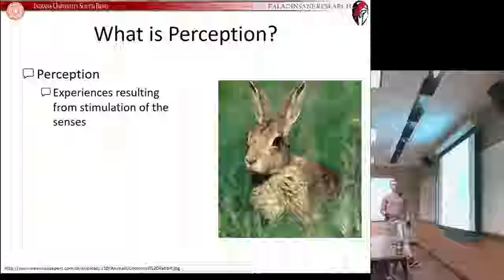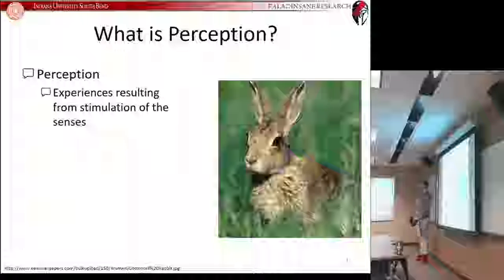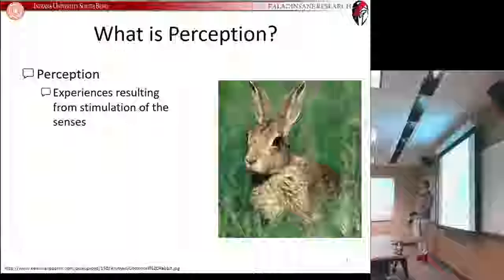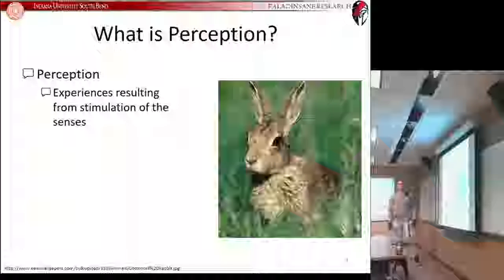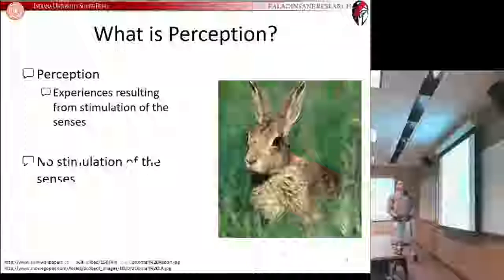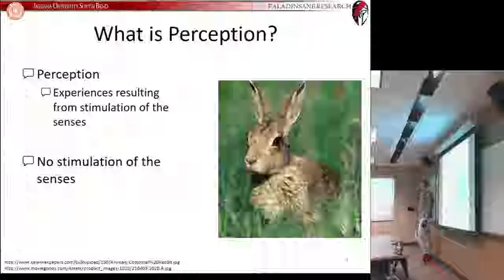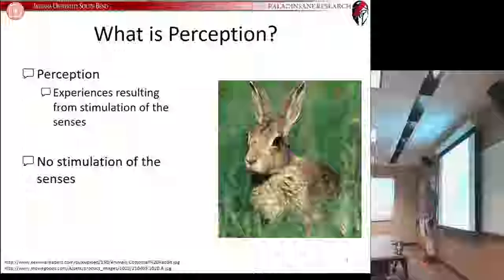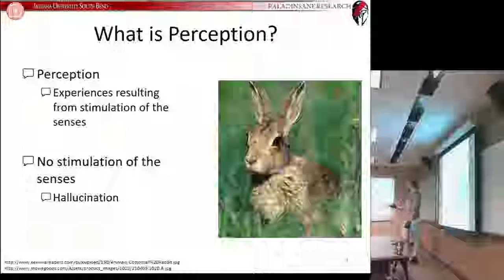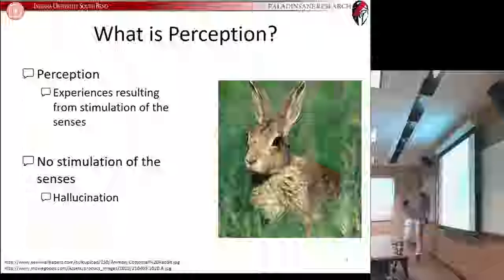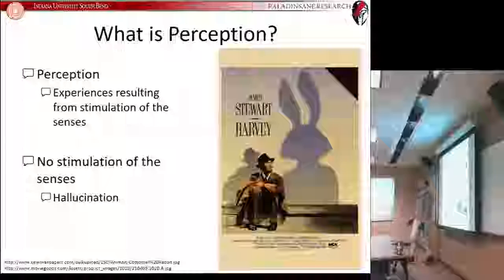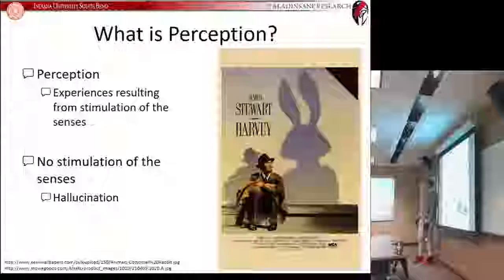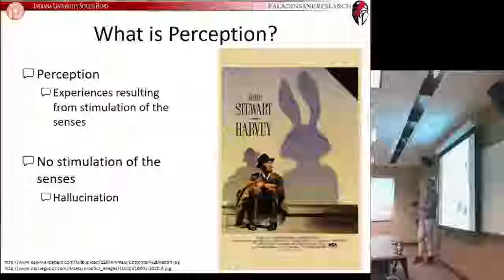So we experience the presence of a rabbit in the external world. If that occurs from the stimulation of your senses, that is called perception. If you do not have stimulation of the senses, but you still have an experience, then that is what's known as a hallucination. So if you are experiencing things that are not there, so instead of seeing a regular rabbit, you're seeing a 7-foot-tall rabbit named Harvey, you are having a hallucination.